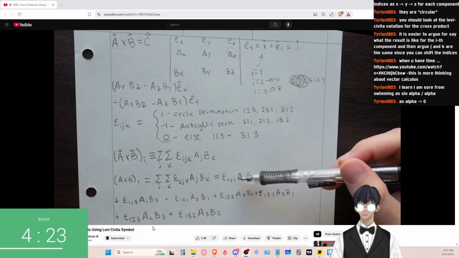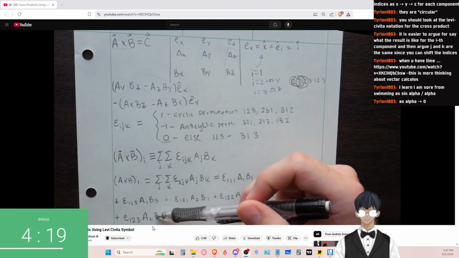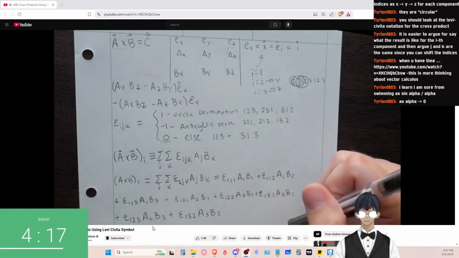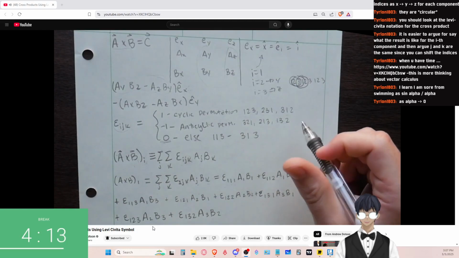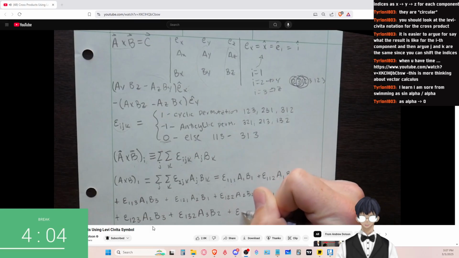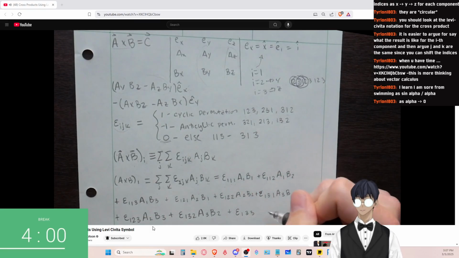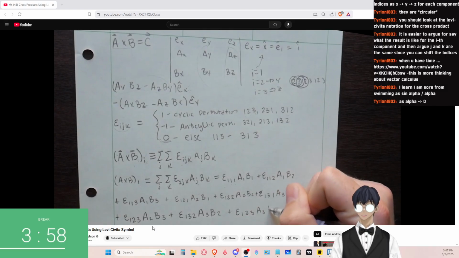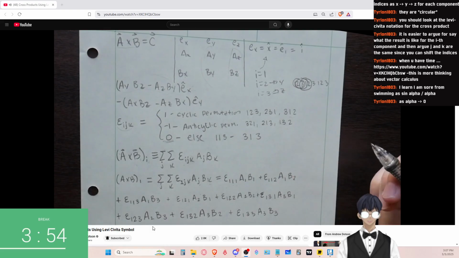How many do we have so far? We got 1, 2, 3, 4, 5, 6, 7, 8. I think we're missing 1, which is 1, 1, 1. This one's going to be fun. Plus epsilon 1, 3, 3, right? Probably the one that we're missing. Yeah. A3, B3. Okay, so this is a lot of bookkeeping, but let's see what cancels.